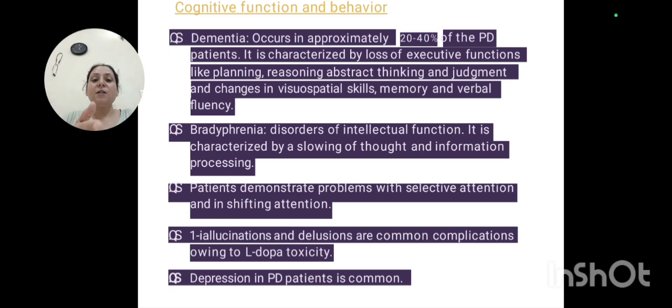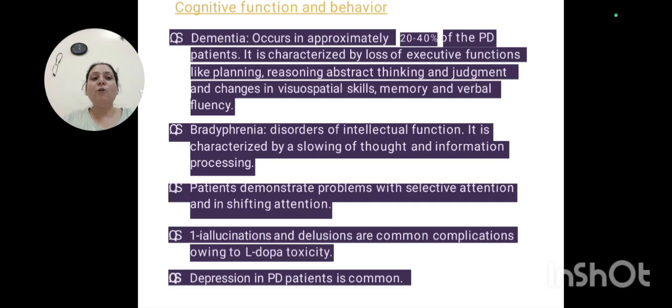In Parkinson's, a study was done and it was found that they find it very difficult to concentrate on 2 or 3 tasks at the same time. Whenever we are working, we can take a call, write, and even communicate with others simultaneously. So we can do 3 or 4 tasks at the same time. This is called triple tasking or dual tasking.